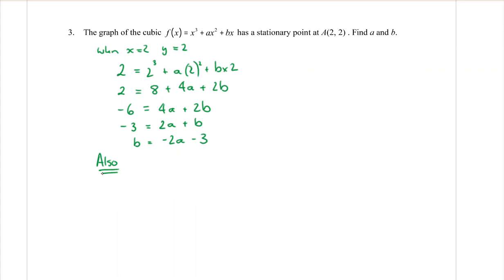So let's find our derivative. f dash x equals, bring the 3 down, so it becomes 3x squared, plus, don't worry about that a there, bring the 2 down the front, and it will become 2a x to the power of 1. And then differentiating bx, b is just a number, so the b stays, the x disappears. Okay, so that's my derivative.